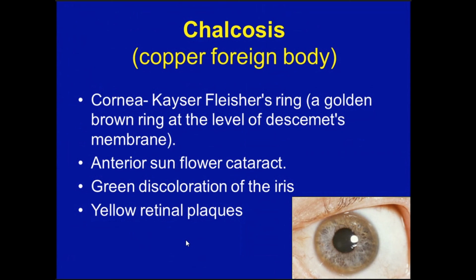We can see anterior sunflower cataract. We can see green discoloration of the iris, so our iris becomes green, and we can see yellow retinal flecks.